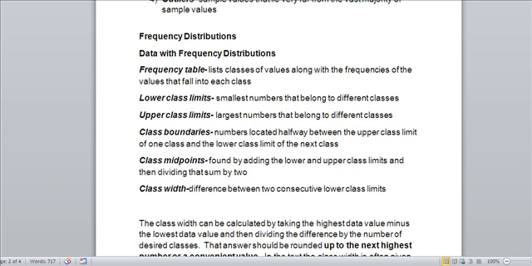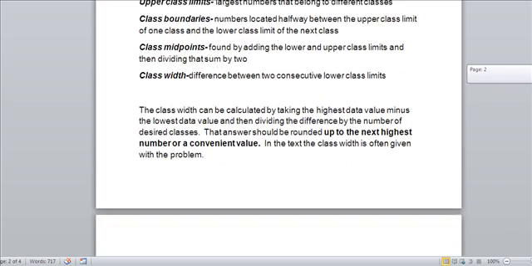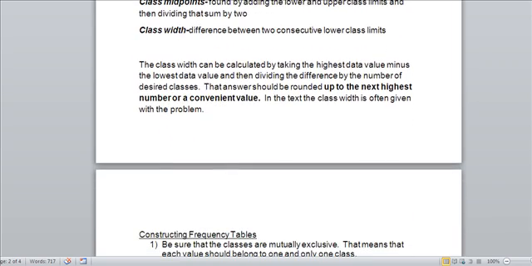Now, in many cases in our book and in the exercises in my math lab, they give you the class width, so you don't have to worry about figuring that out. But if you're doing a frequency table on your own, you need to be able to come up with a decent class width.